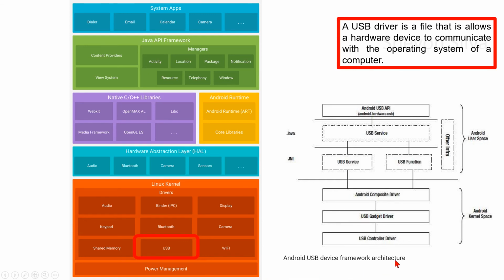This is the Android USB device framework architecture. From this architectural diagram, you can infer that the composite infrastructure is a part of the kernel, and most of the USB device functions are implemented as class drivers within the Android Linux kernel. There are exceptions like ADB and MTP, which are implemented on both sides, that is the kernel and the user space.